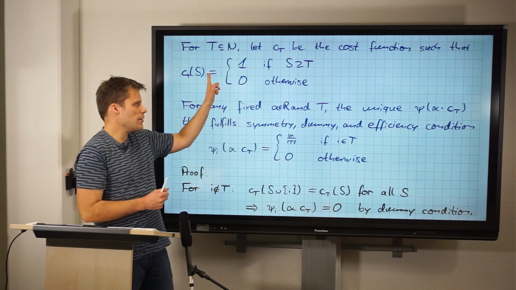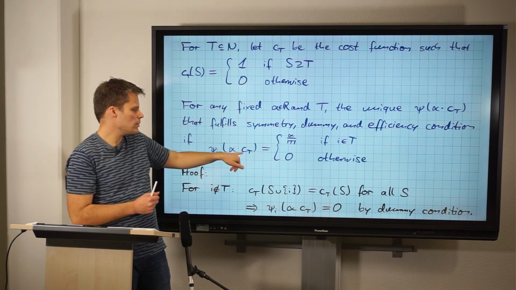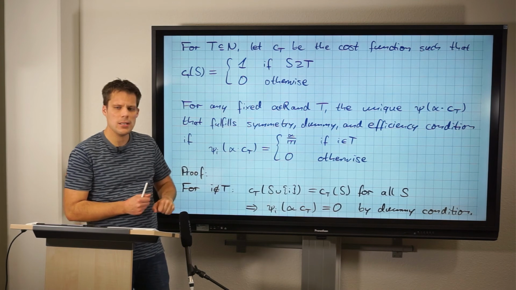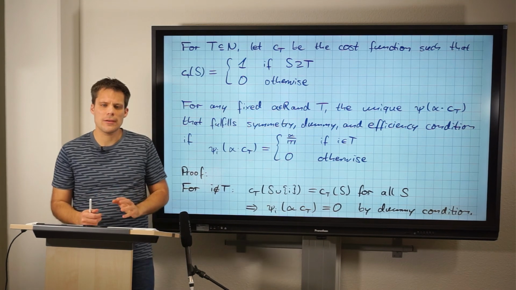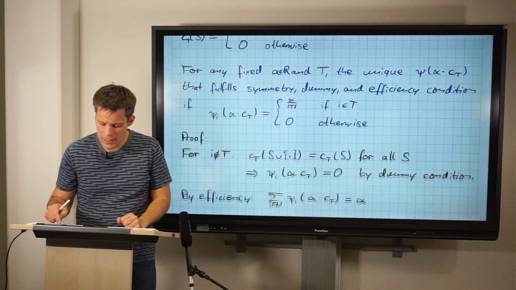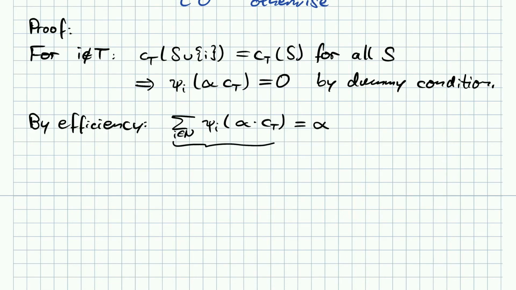All agents together certainly contain the set T, so that will be 1, and so here we have alpha times 1, so the cost of all agents together will be alpha. Now what we see here is that this will be equal to the sum of the cost shares of only the agents in T, because all other agents don't pay anything, as we have already derived.